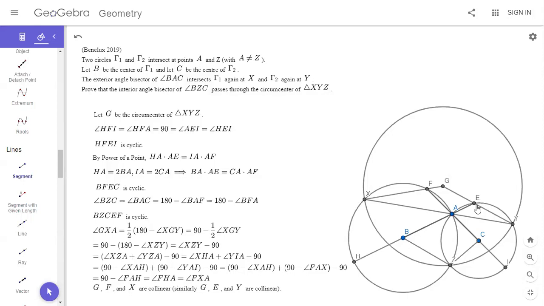Let's see. I think it's just an angle chase to show that G lies on this circle, BZCEF. I'm just thinking the fastest way to write it out. Okay, so I think I have an idea.